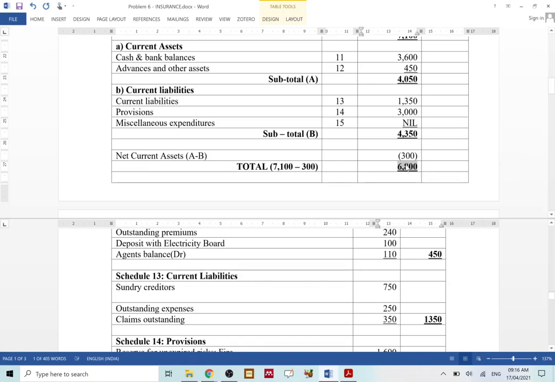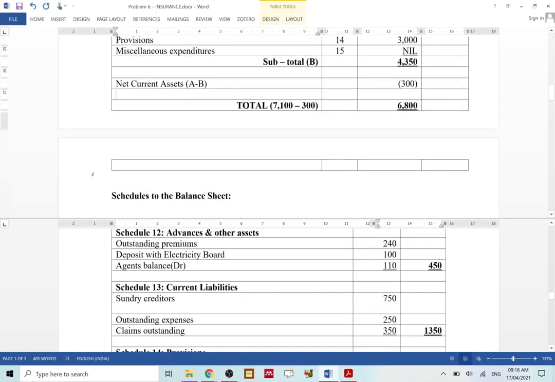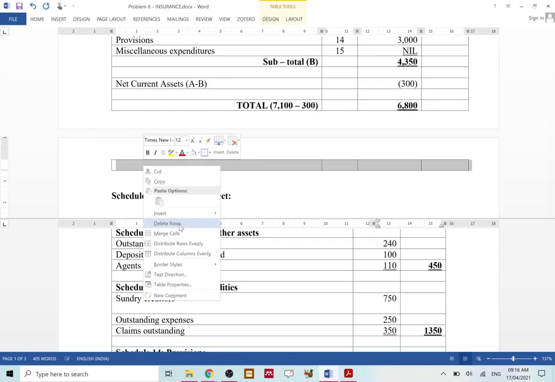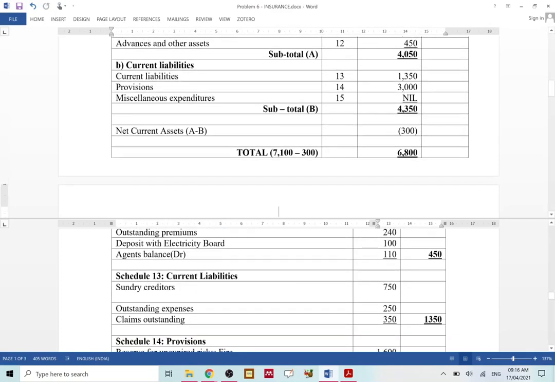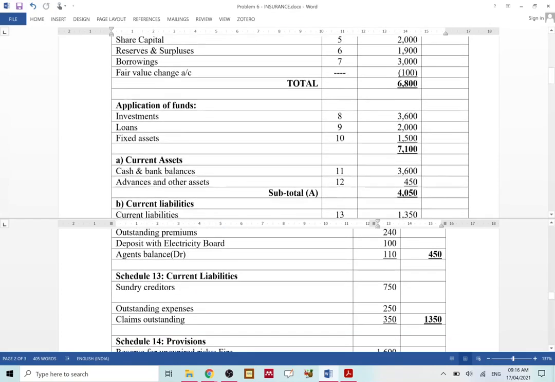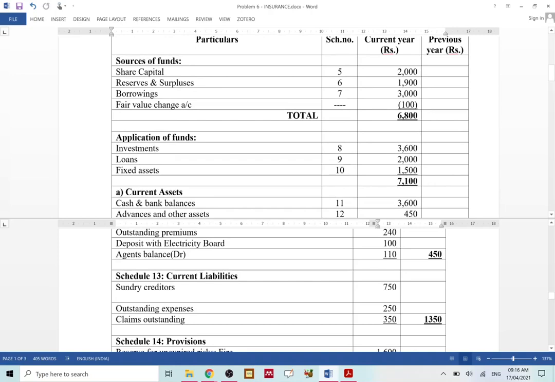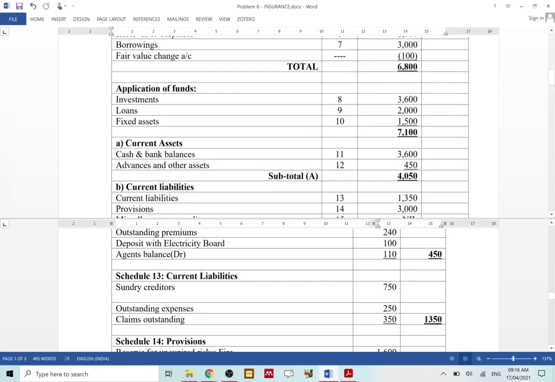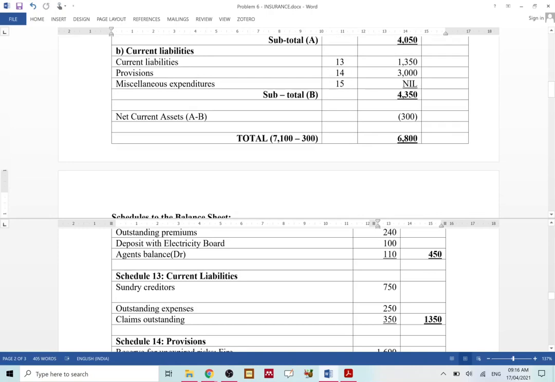Okay, and this is the same as your balance sheet total of the application of funds. So this and this is supposed to match. Total of sources of funds, total of application of funds.